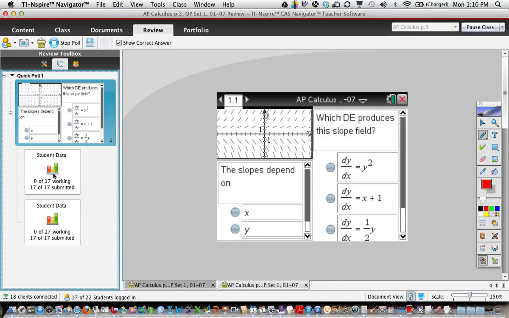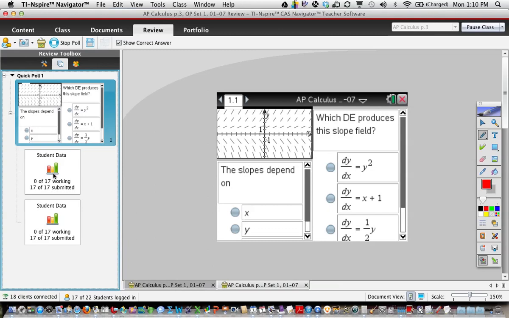What's the slope at 1, 1 going to be? Well, we don't know what k is, but let's say k is 1. So at 1, 1, the slope is 1. At 1, 2, right? At 1, 3, even steeper, because if we had different versions of this, they'd be even steeper. If we had different k values, they'd be going up steeper and steeper. Those slopes would be different, because the y's change.